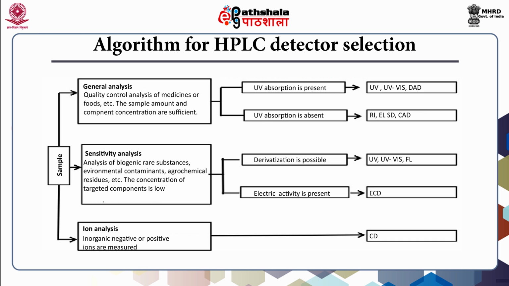If those compounds have the property of electrical activity, then we can choose ECD detectors. Suppose we need to analyze the inorganic ions in our samples, then we have to use the CD detectors. So, based upon this algorithm, we can choose what kind of detector we have to use in HPLC based upon the type of compounds which we are going to separate.